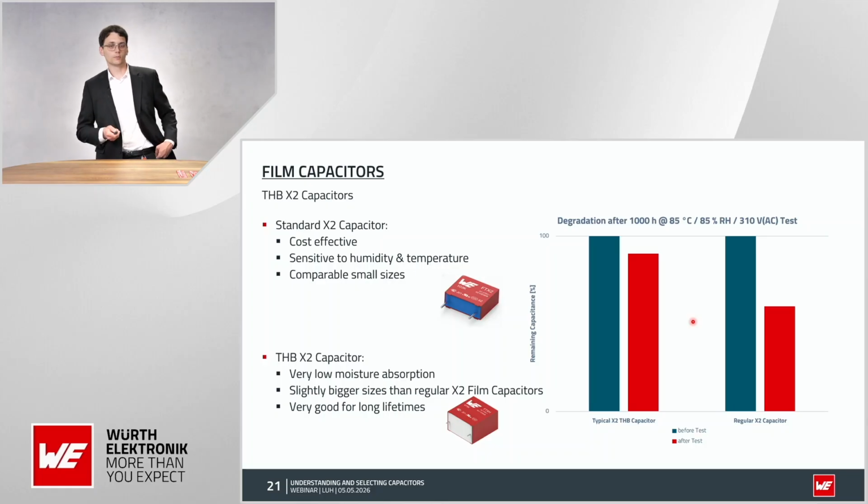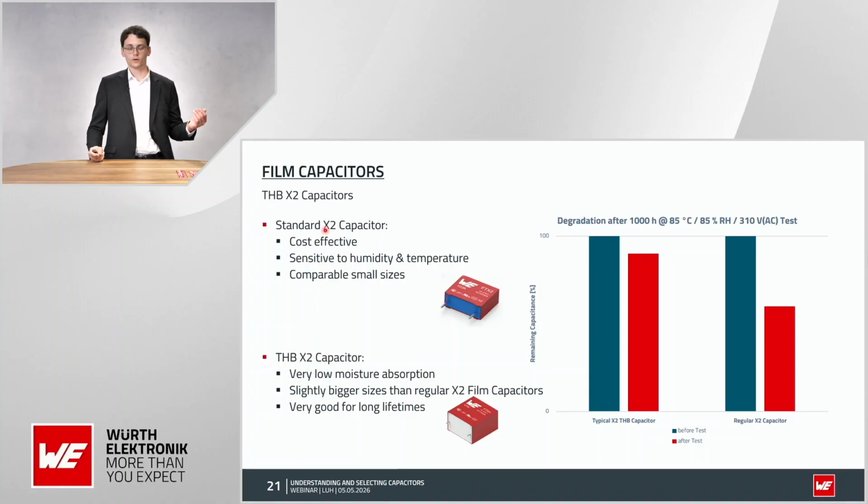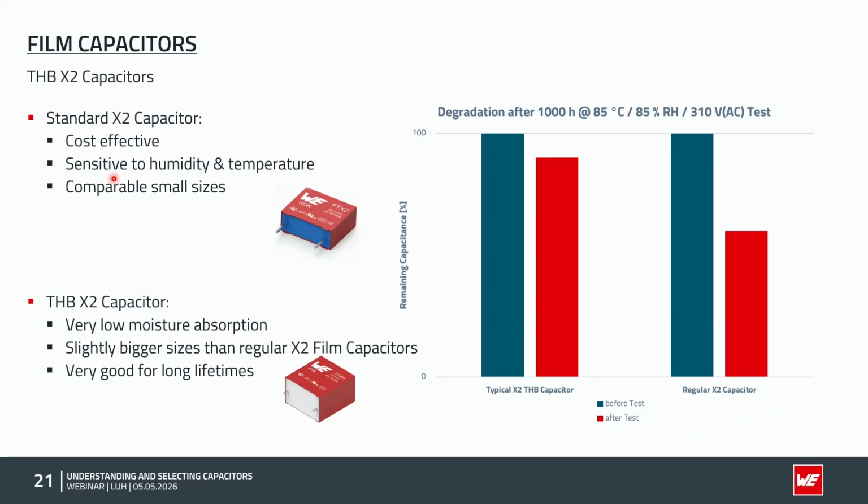Let's speak a little bit more about X2 capacitors. Generally speaking, there are standard X2 capacitors, and there are also THB X2 capacitors. Standard X2 capacitors, for example our series FTXX or FTX2, are cost effective, and they are sensitive to humidity and temperature, but they offer the benefit that we have them in very small sizes.